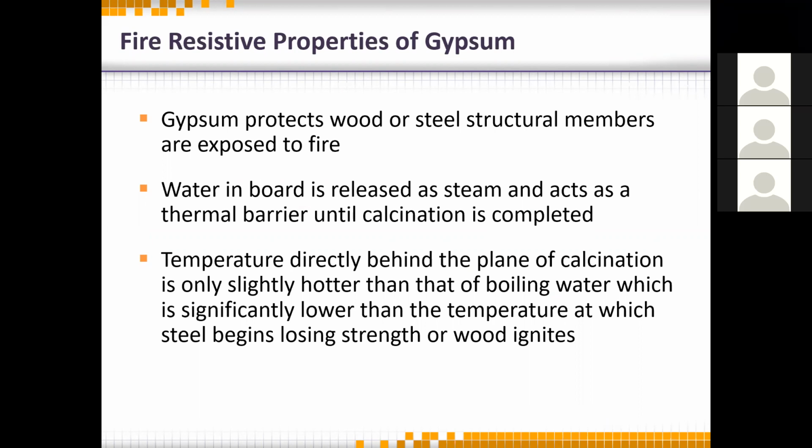And so when you begin to look at getting a UL rated system, you have to take some extra steps that we're going to look at, because typically a piece of gypsum wall will only get you 30 to 45 minutes. So the temperature behind that point is only like boiling water. So that's what we're looking for as far as fire resistance. And to increase the fire resistance, you're increasing the amount of time that somebody can evacuate, can egress from that building safely.